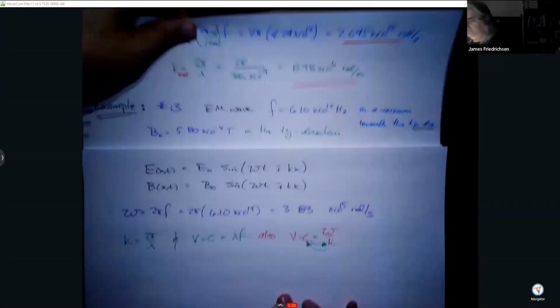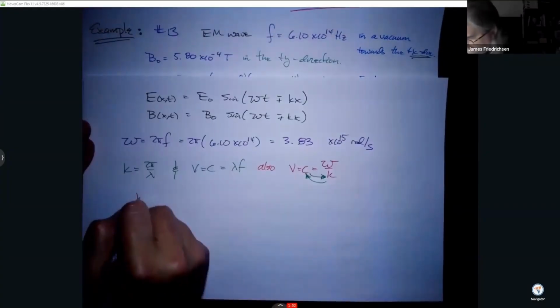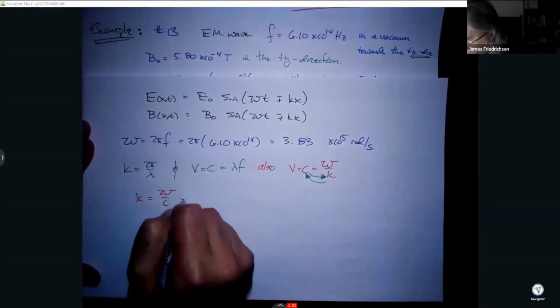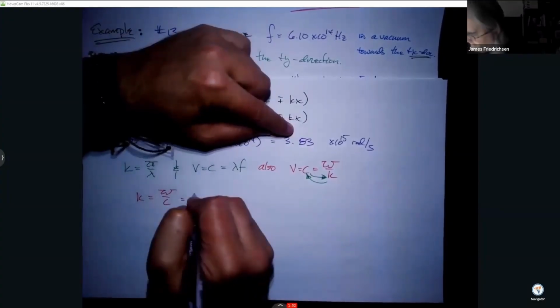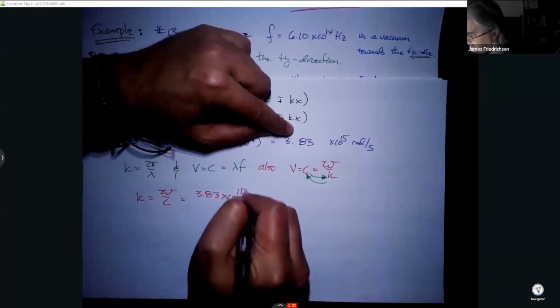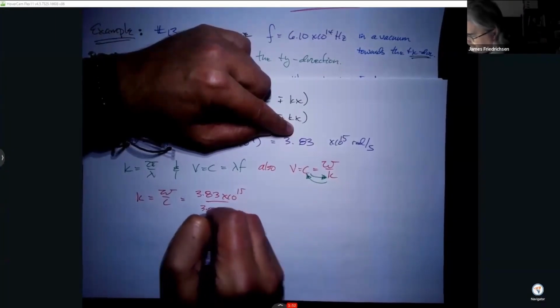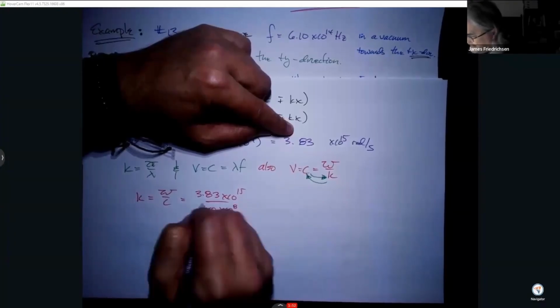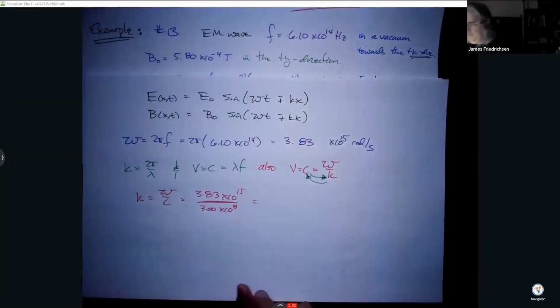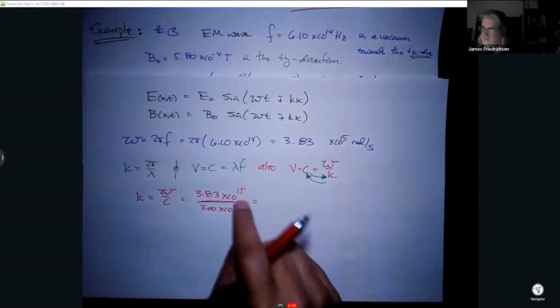So what we end up with is that our k is omega divided by c, and we just found the omega. So the 3.83 times 10 to the 15th over our 3 times 10 to the 8. 15 minus 8 is what? 7.